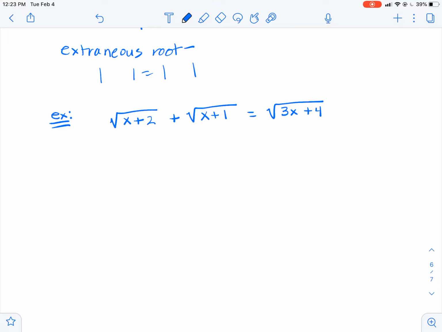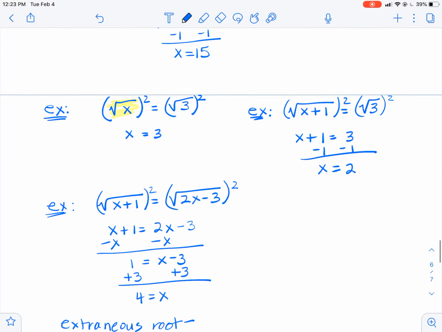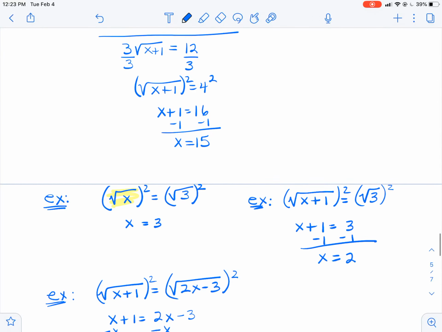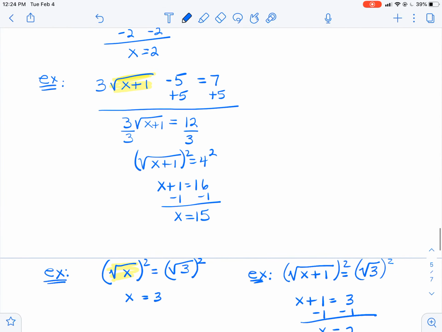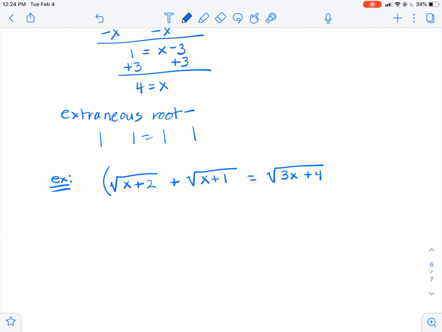One of the things you cannot do is you cannot square each individual one. If you will remember, when we did this, each time we squared both sides. Every time we squared both sides. So when you come here, you must square both sides.